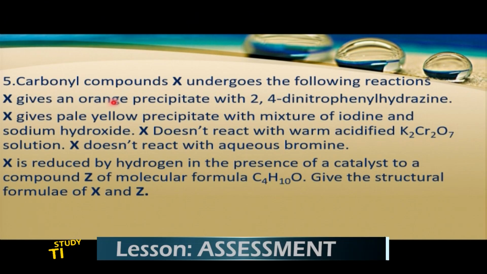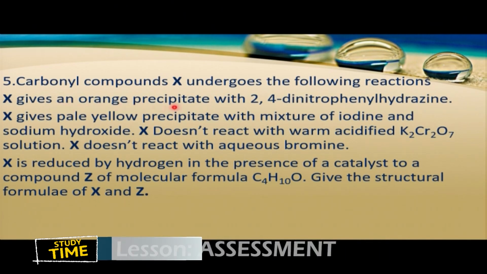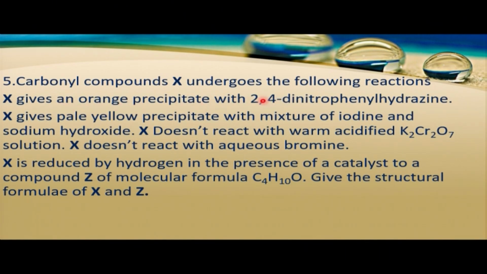X gives an orange precipitate with 2,4-dinitrophenylhydrazine. We remember the compounds which react with this substance. This is Brady's reagent. So you can deduce something from this statement. X gives a pale yellow precipitate with a mixture of iodine and sodium hydroxide.